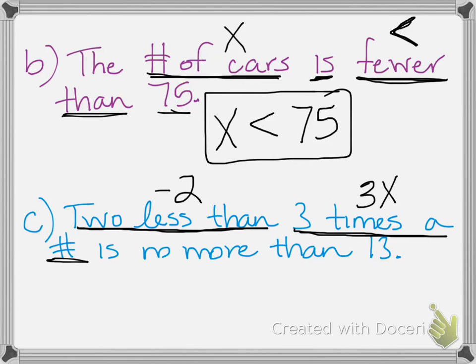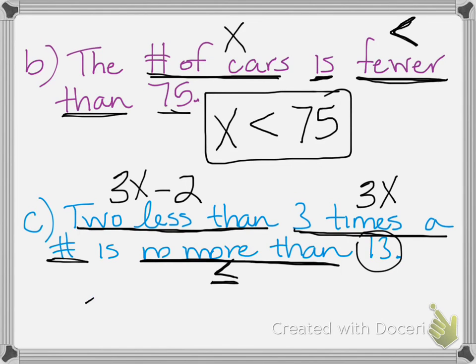So what you're doing is your 3 times your variable minus 2, because it's 2 less than. Then we've got no more than, which are key words for what? No more than are key words for less than or equal to. And then you've got 13. Okay, so 3x minus 2 is no more than 13.